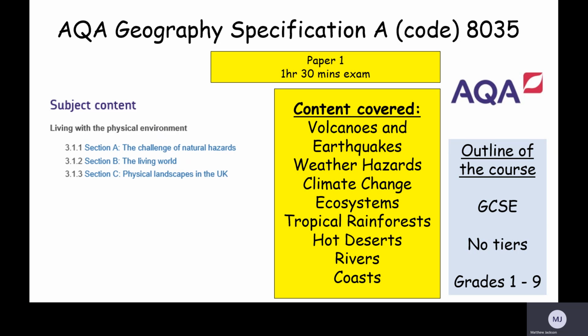So the content that we cover there is earthquakes and volcanoes, weather hazards, climate change, ecosystems such as the biomes like tundra and things like that, tropical rainforests and the causes of deforestation, the solutions to deforestation, hot deserts and the adaptations for animals and plants, rivers in the UK, so how they create new landforms, how they're flooding, and coastal landscapes in the UK, which is all about how the coast erodes the UK and how we manage that problem.